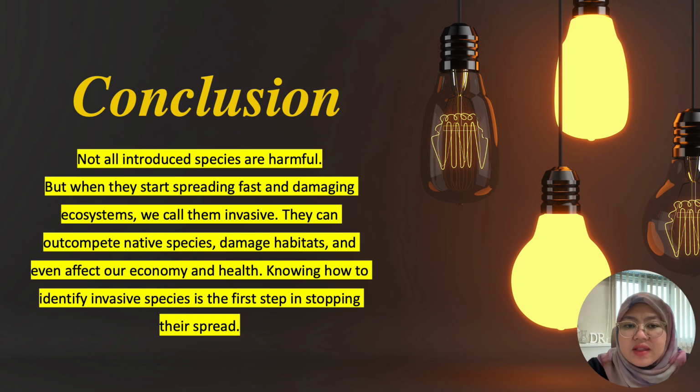Invasive species often outcompete native species, and they can disrupt natural habitats. In some cases, they even affect our economy and public health. That's why it is very important to understand how to identify invasive species, because early recognition is the first step in preventing their spread and protecting our environment.